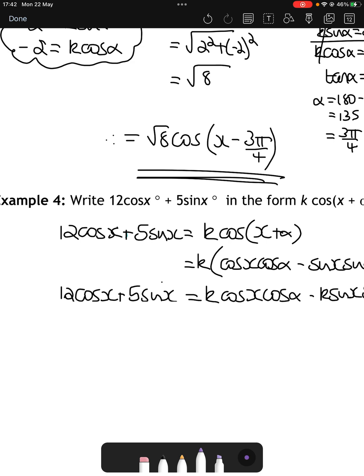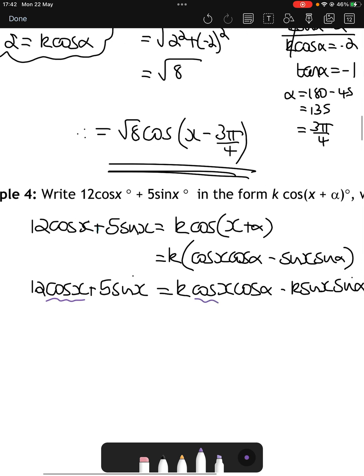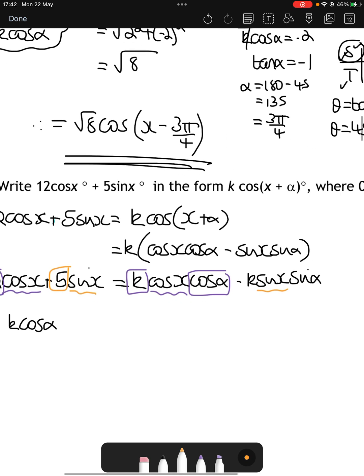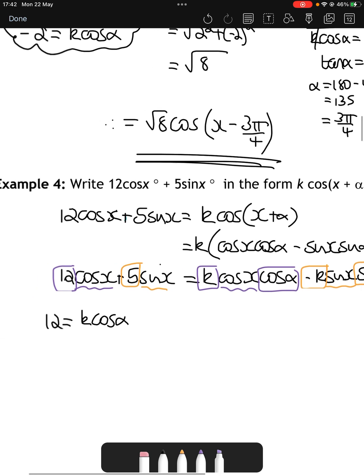Right, so cos x is cos x, cos x. So we have a 12 k cos alpha. Right, sin x is, what do we have? We have a 5. We have a minus this time, so I'm going to put a square around that.